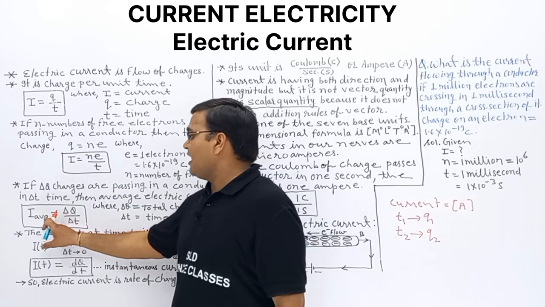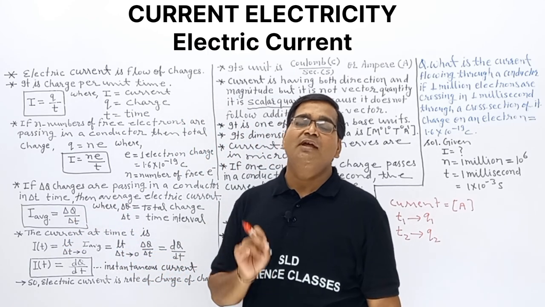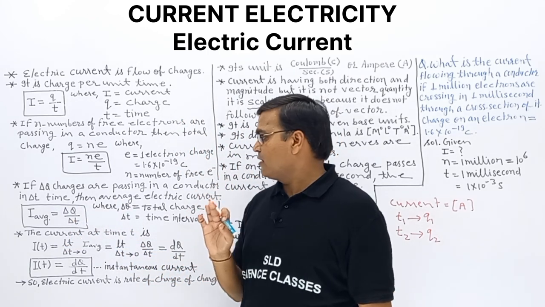Then the average will be delta Q upon delta T. So this is the average electric current.